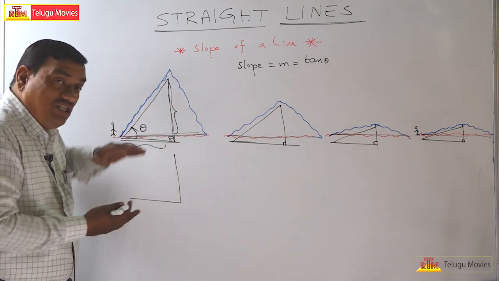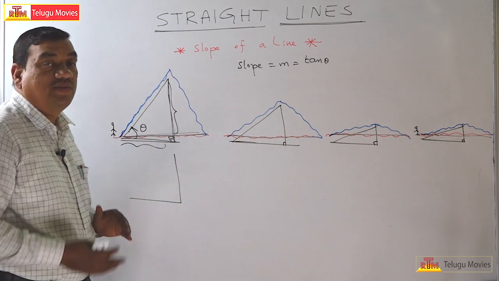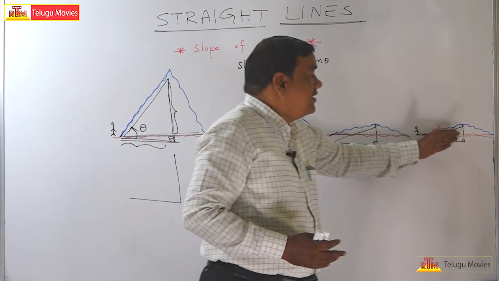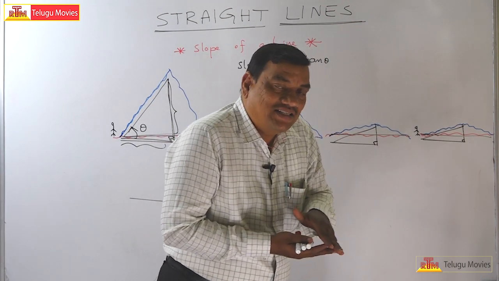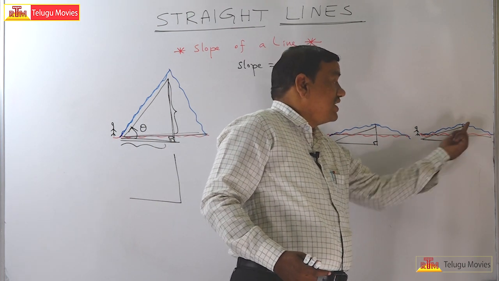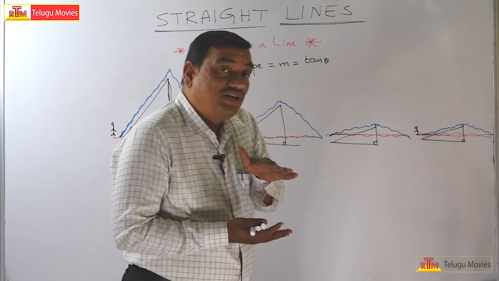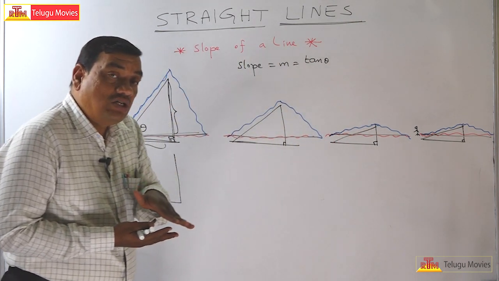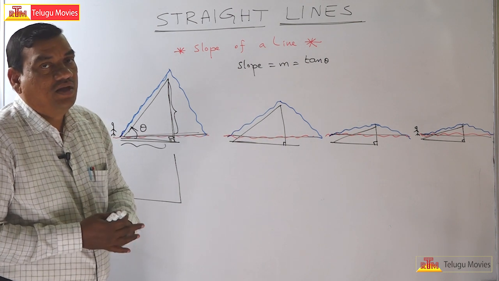If the opposite side is more, then it has more steepness. As the opposite side goes on decreasing comparatively to the adjacent side, your steepness is also decreasing.